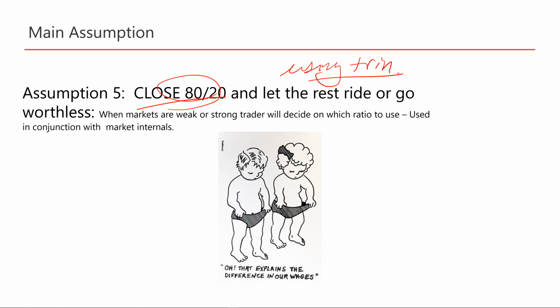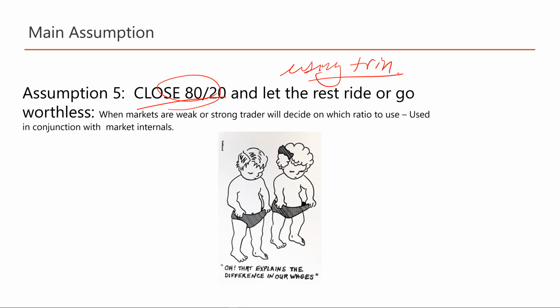Even though we make assumptions and they tend to be wrong, these are the assumptions that you should really adhere to. They're almost like rules. However, why they're assumptions is because markets change day to day, and you can interpret the market internals to allow you to make assumption number 5 worth your while.